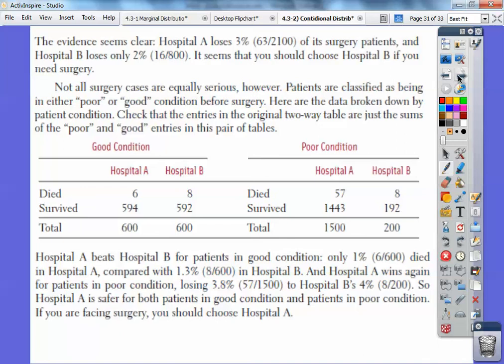Only 1% died in Hospital A compared with 1.3% in Hospital B. And then again, in poor condition, Hospital A wins again. They only lost 3.8% while Hospital B lost 4%. So Hospital A is safer for both patients in good condition and patients that are in poor condition, okay? And probably Hospital A had more people that were in poor condition, and that's what the lurking variable was.